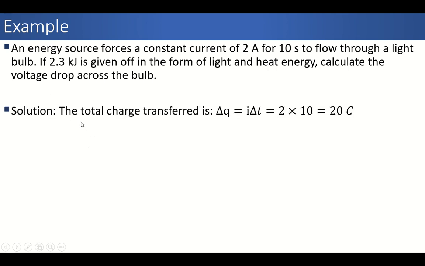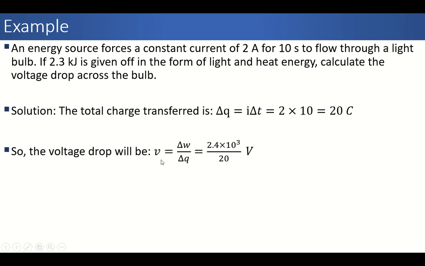We know that the total charge transferred in this case will be delta Q equal to I multiplied by delta T. Since I is delta Q divided by delta T, we can find that delta Q will be equal to 20 coulombs. Now for the voltage drop, we know that voltage is dw by dq.